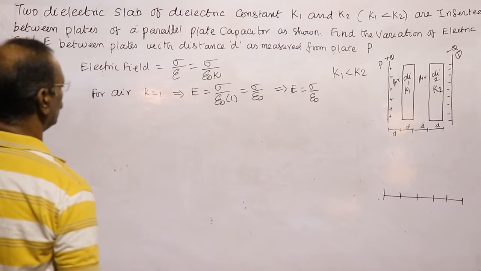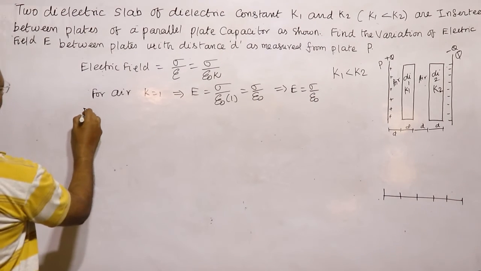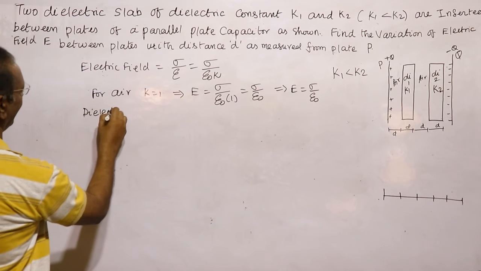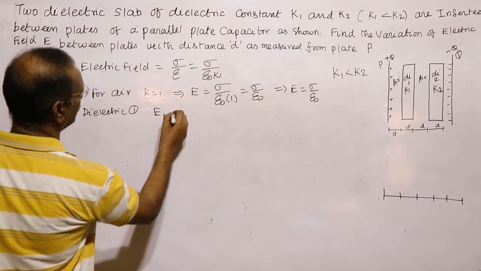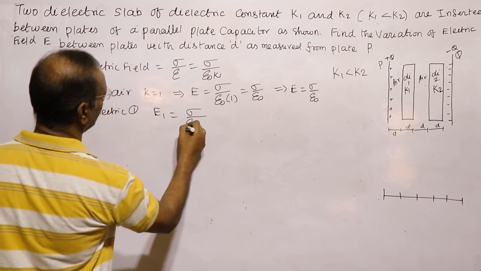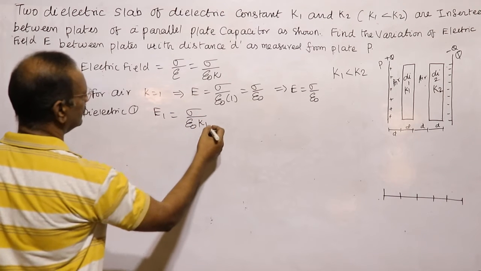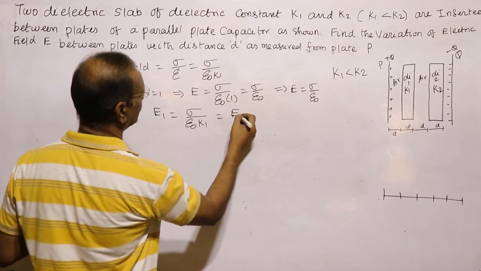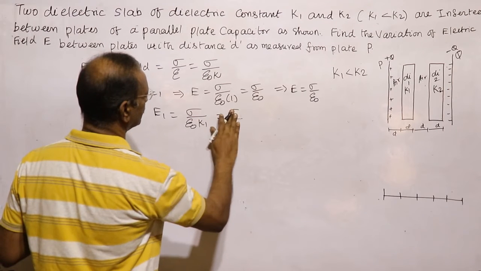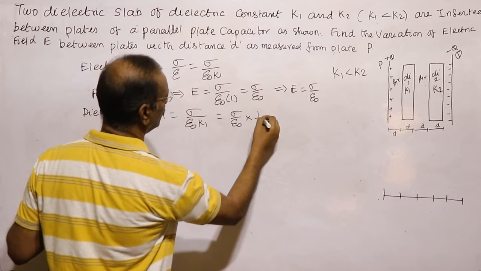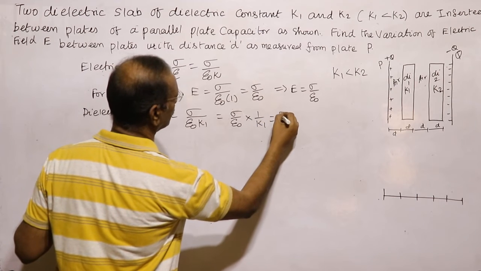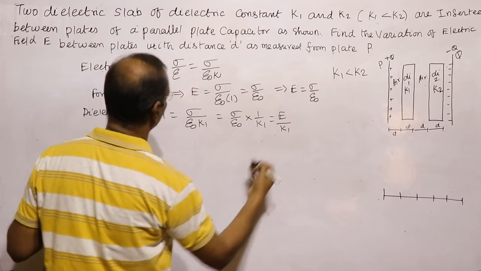Now for dielectric 1, electric field E1 is equal to sigma by epsilon naught into K1, which is E divided by K1.